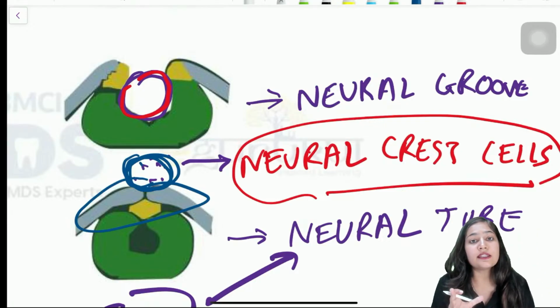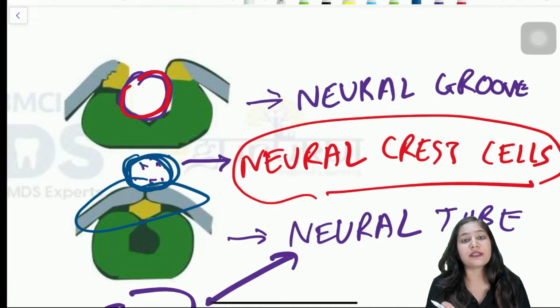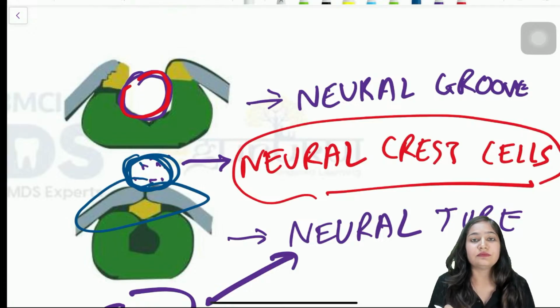Tanvi, all the dental tissues except enamel are formed from ectomesenchyme. So you should mark enamel as it is not formed from ectomesenchyme, right?